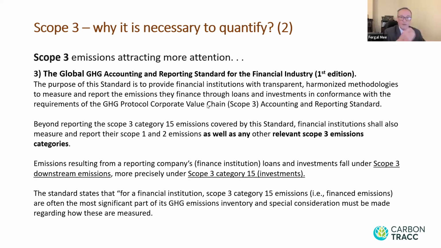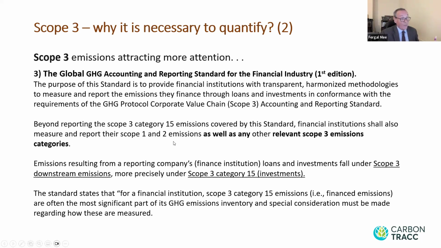So this is the standard for the financial sector. And projects or initiatives or industries or factories that these financial institutions fund by way of finance, either equity finance, mezzanine finance, or debt, these must be reported in conformance with the Greenhouse Gas Protocol Value Chain Protocol.